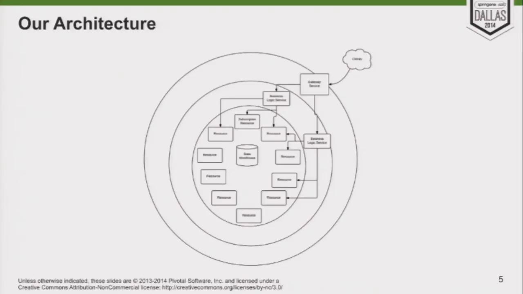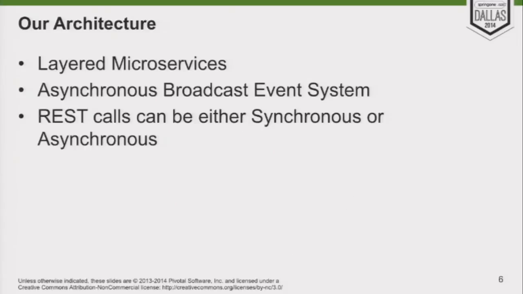Our architecture, which is blurry, sorry, I can't really zoom in on that. So just to describe our architecture, we have layered microservices. The idea is at the base layer, we have pure REST resources that just act as the responsible entity for knowing the state of some resource.